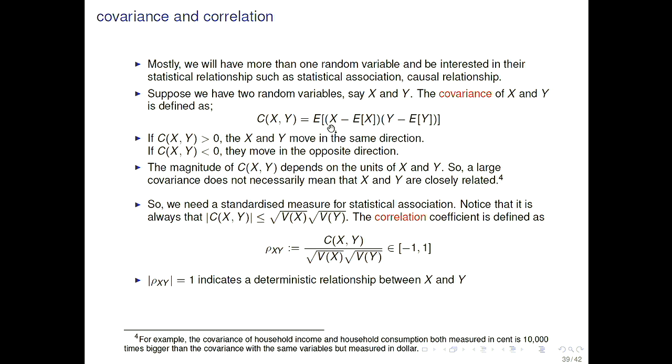So let's look at this inside thing. The first parenthesis is the deviation of random variable X from its population mean, and similarly for the second random variable Y. So this second parenthesis is the deviation of random variable Y from its population mean, and this outside expectation takes the overall central tendency of the product of these two deviations.